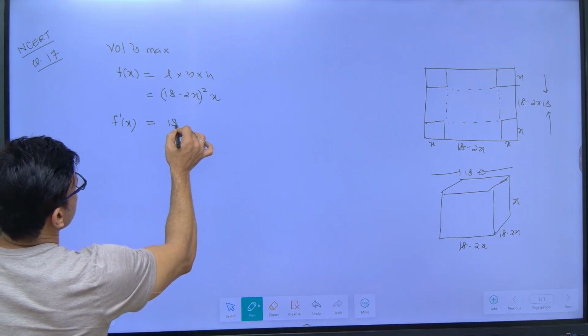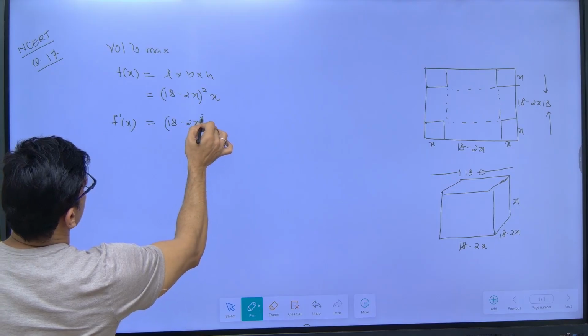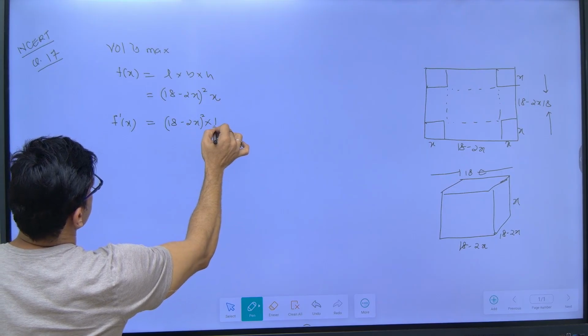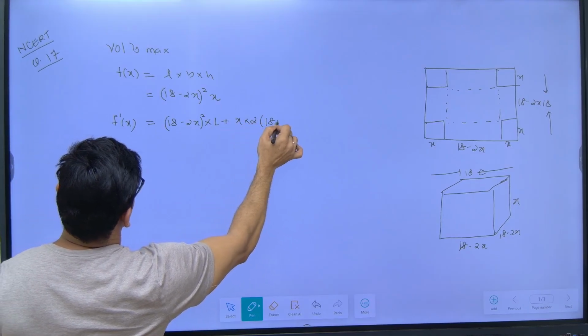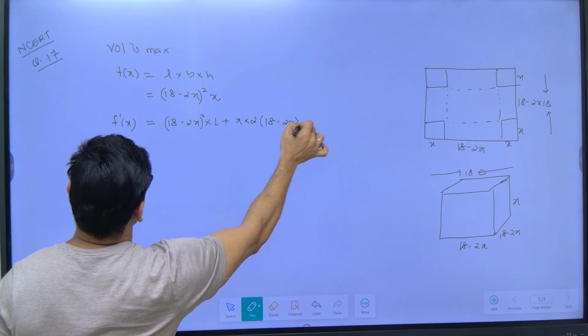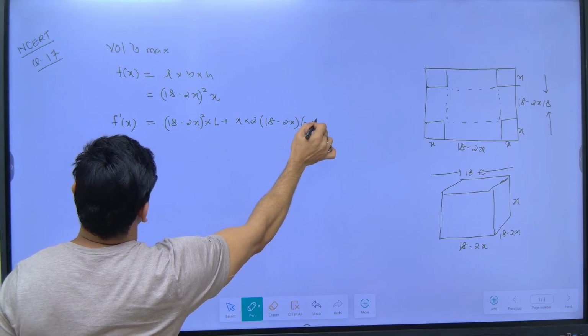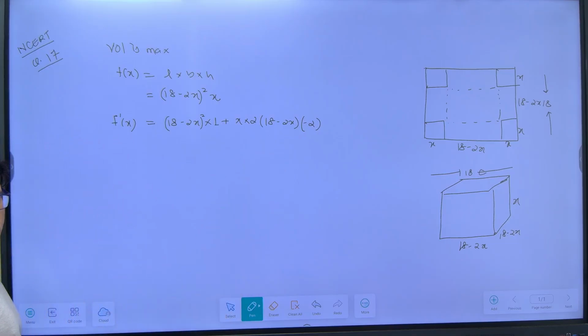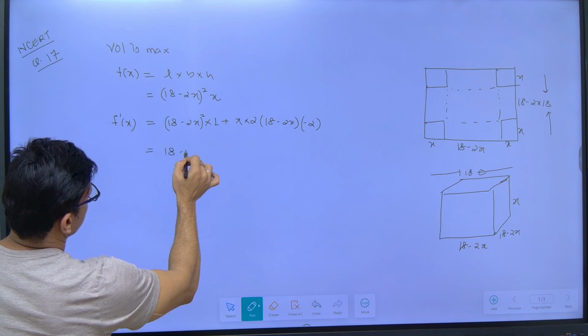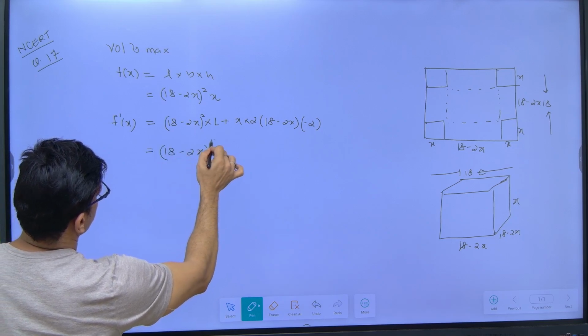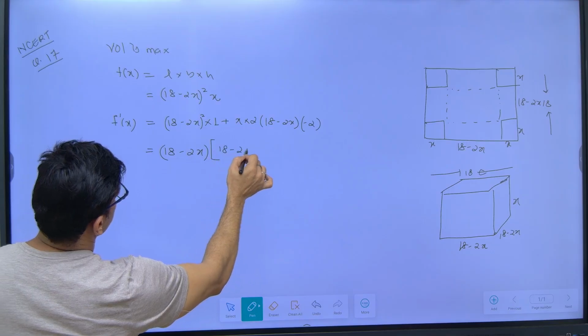First function is 18 minus 2x the whole square into derivative of second function plus second function into derivative of 2 times 18 minus 2x and then derivative of 18 minus 2x, which is minus 2. From this and this, you take 18 minus 2x as common out. You are left with 18 minus 2x.